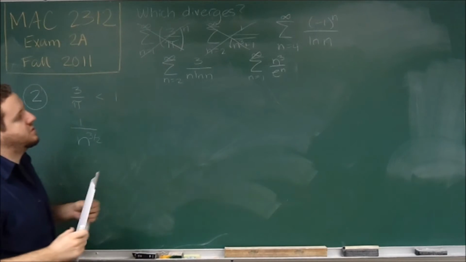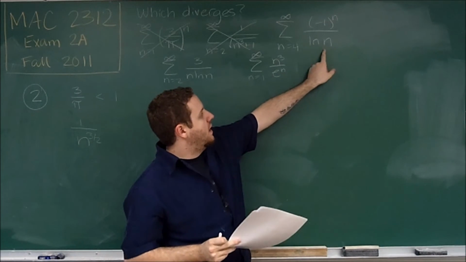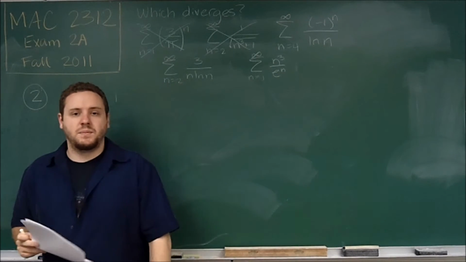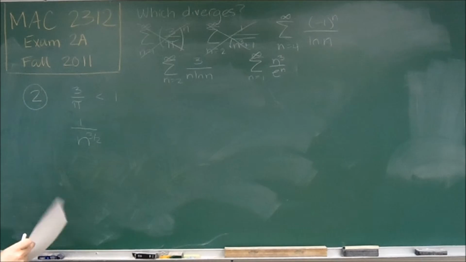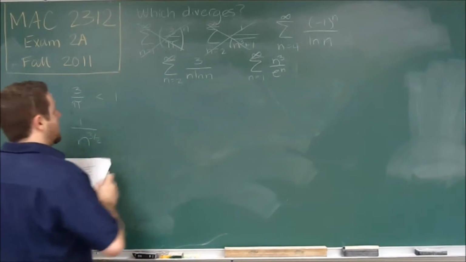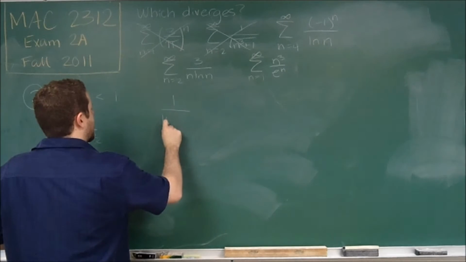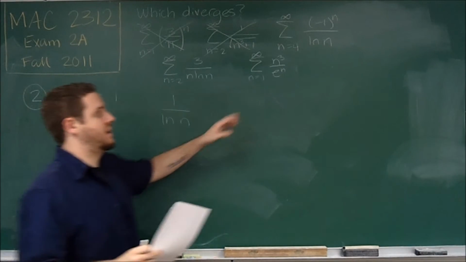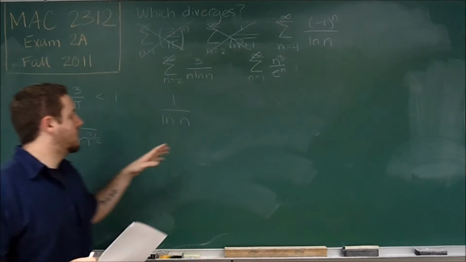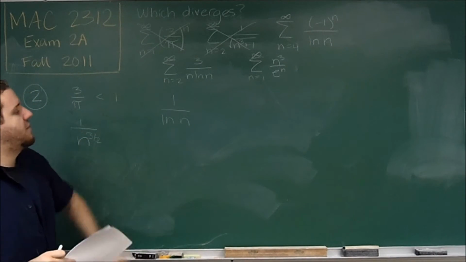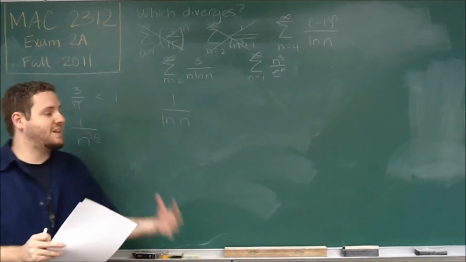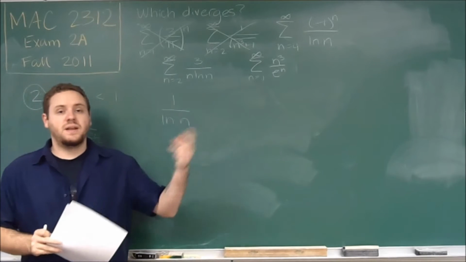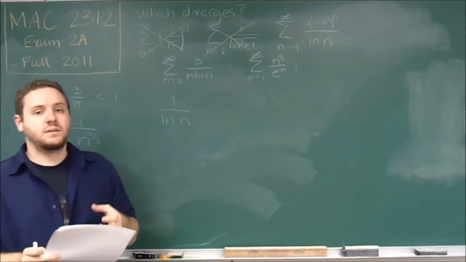Okay, for the third one, we have an alternating series, and we have ln n in the denominator. So, normally speaking, you would know that if we just had 1 over ln n, and this wasn't alternating, that this would definitely diverge because ln n is smaller than any power of n.